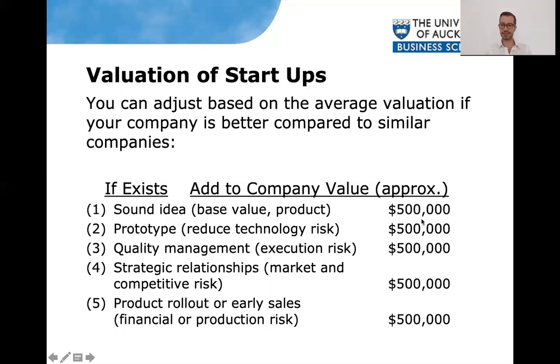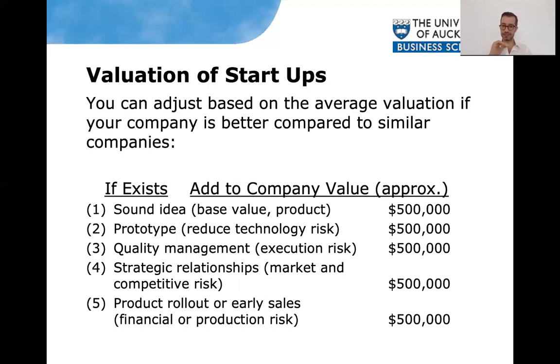So here it's just an indication, it can be just a little bit more, it may be much more. But whatever adjustments you're making, it needs to be significantly justified. Don't just add as much because otherwise your investors will be put off. So the idea is be similar to similar companies, adjust a little bit, but unless there is a strong reason, that should be your valuation.